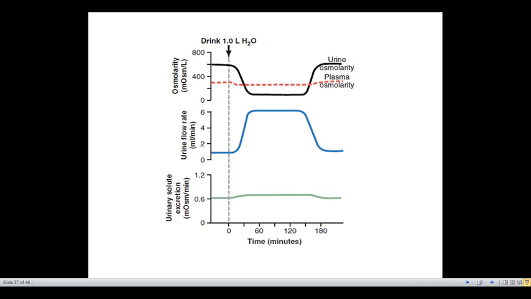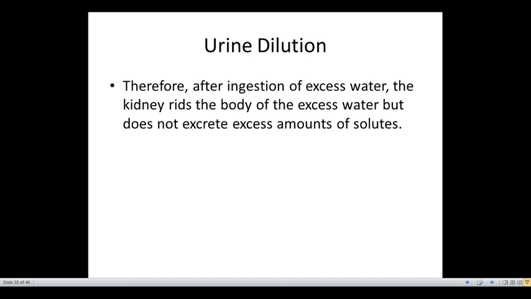These responses of the kidneys prevent plasma osmolarity from decreasing markedly if an excess quantity of water is ingested. Therefore, after ingestion of excess water, the kidney rids the body of the excess water but does not excrete excess amounts of solutes.